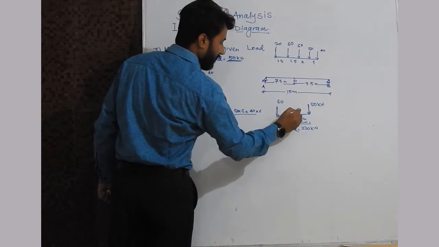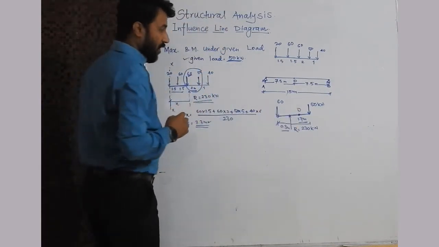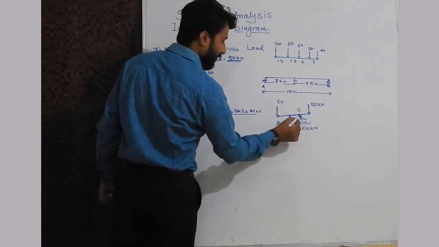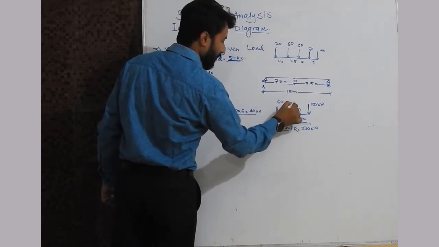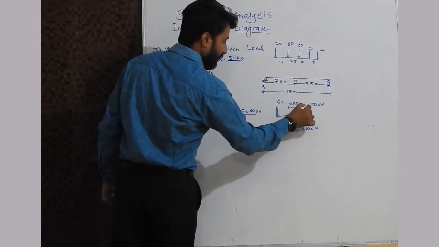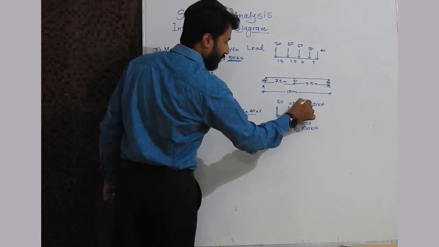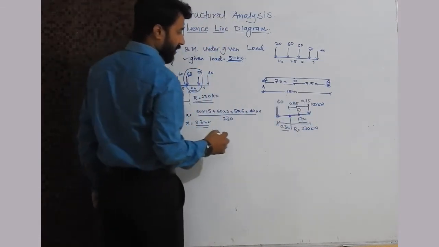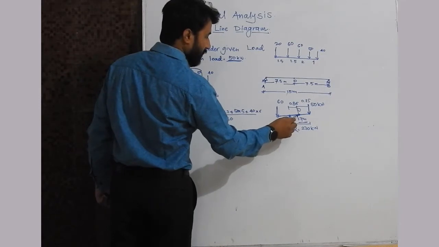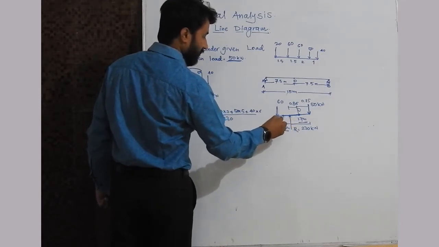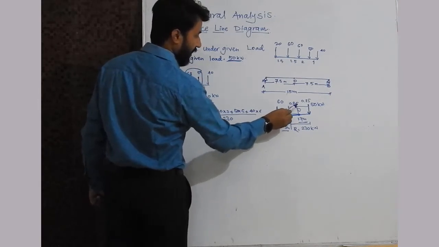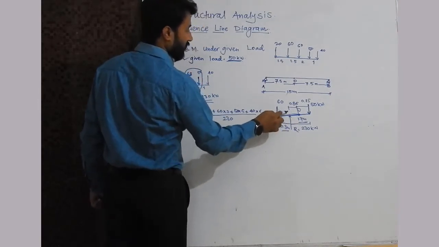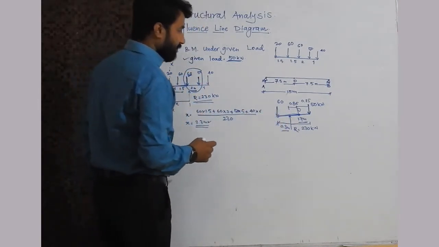So this point is nothing but point D. How do we calculate this point? 1.7 divided by 2, we get 0.85, and this distance is 0.85. So the total distance between the 60 kilonewton load and this point D will be 0.85 plus 0.3 meter, so the total distance will be 1.15.